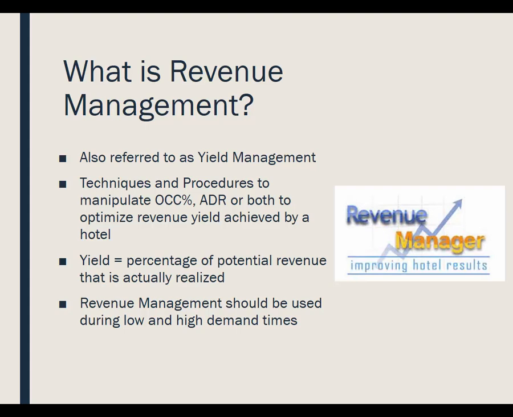And it's really a different amount of techniques and procedures that we actually use to be able to try and manipulate our occupancy percentage, our average daily rate, or both, to then make as much revenue, as much sales as we possibly can. Okay, so again, that's by day, by month, by quarter, by year. Okay, revenue management should be used during low and high demand times. It's not just for low times, it also should be for high demand times.